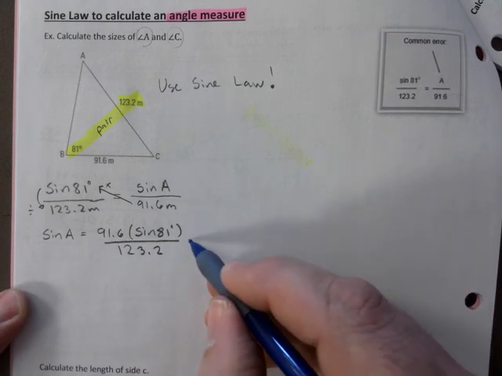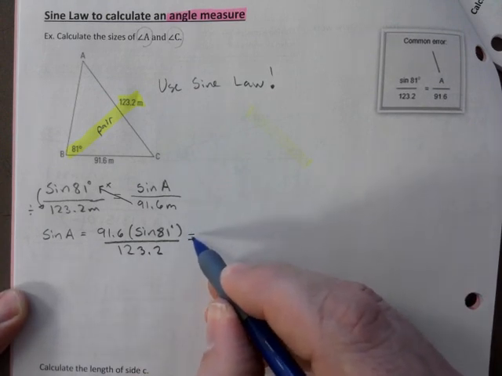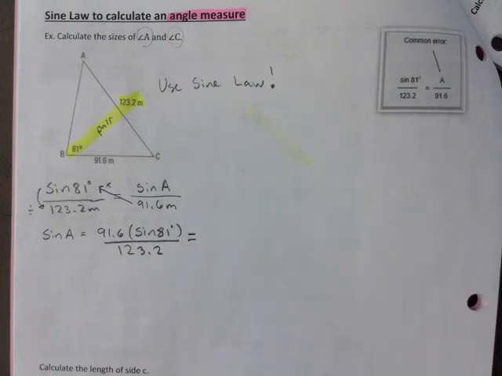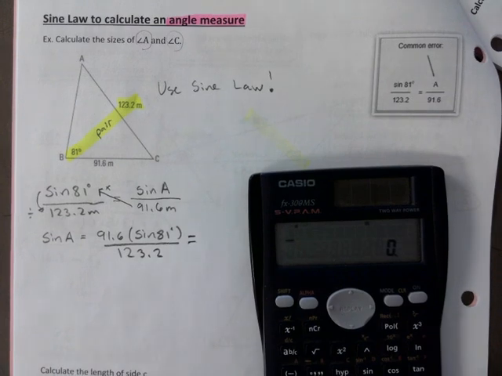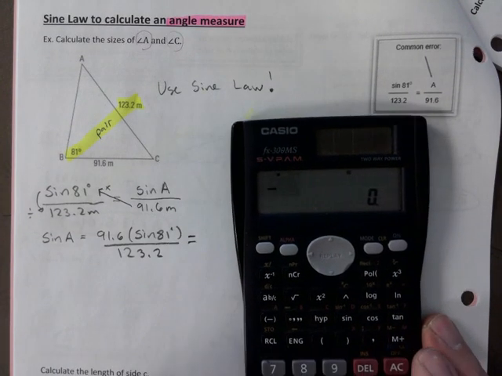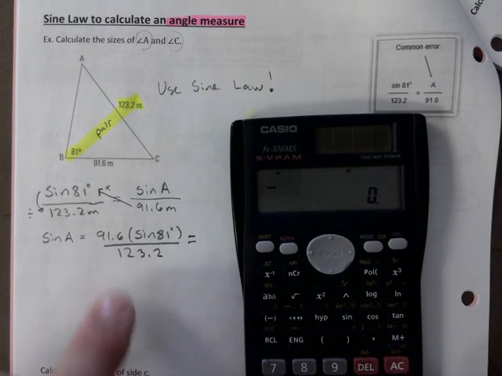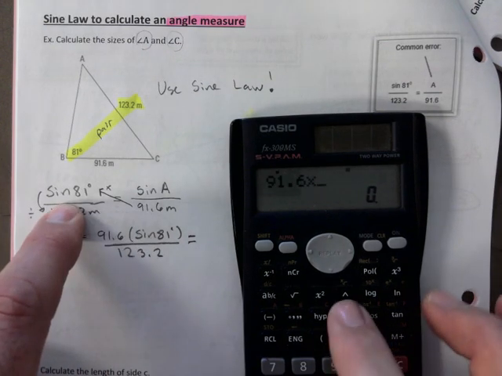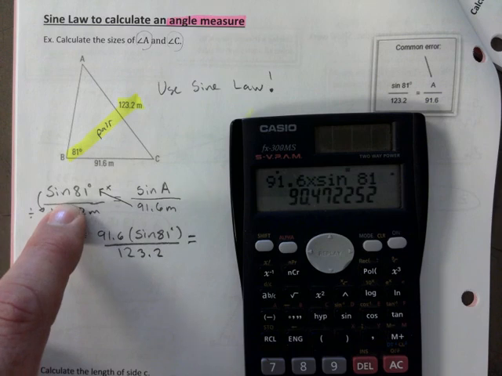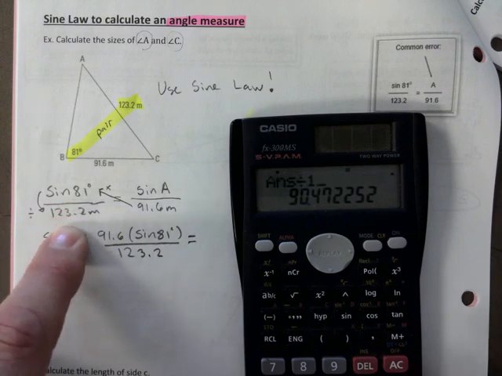And I will put that number right next to it here. So grab your calculators. This is good practice. This is the unit where I would say you get your own, because it's going to make life a lot easier. So 91.6 times sine of 81. I hit equals there. Divide by 123.2.